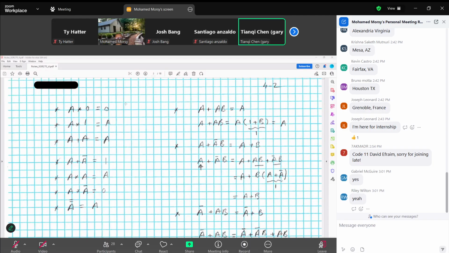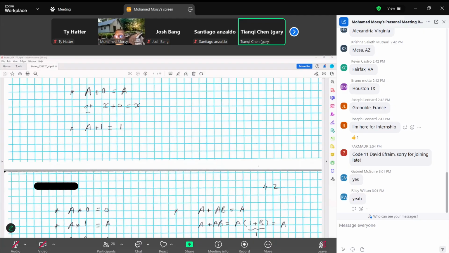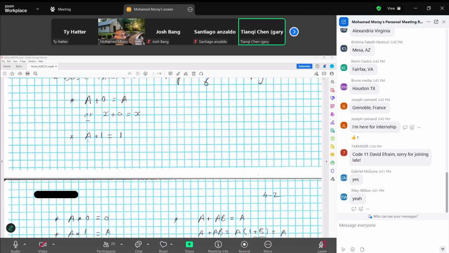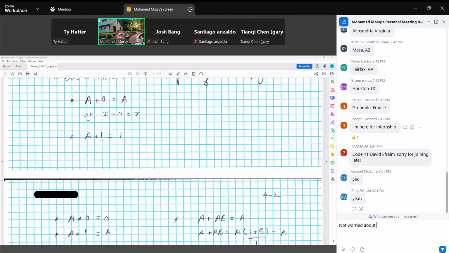Professor, if A is 1, then we get 1 plus 1. Shouldn't that be 0, 1 instead of just 1? We mentioned we deal here with logic addition, not binary addition.